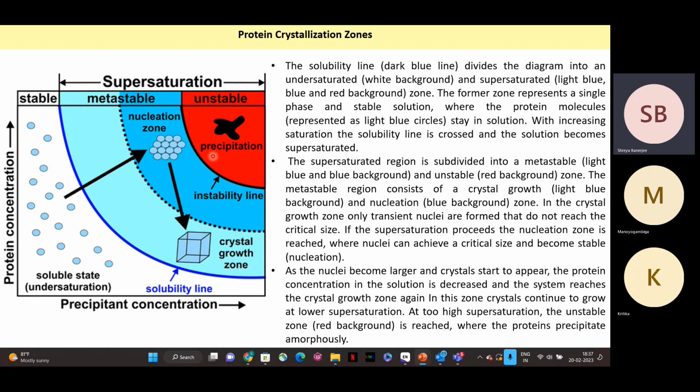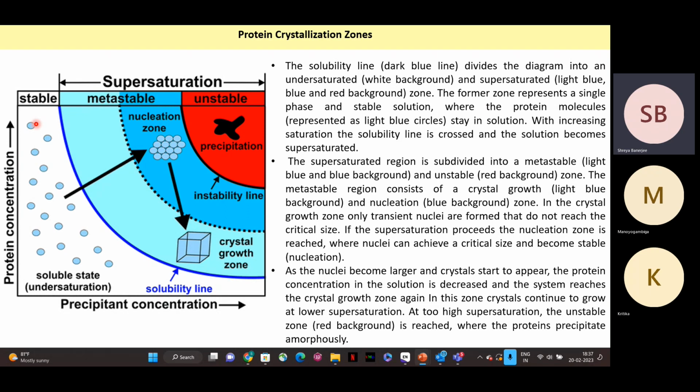As the nuclei become larger and the crystals start to appear, the protein concentration in the solution is decreased and the system reaches the crystal growth zone again. In this zone, the crystals will continue to grow at this lower supersaturation. When the supersaturation is too high, the unstable zone is reached, where the proteins precipitate amorphously.